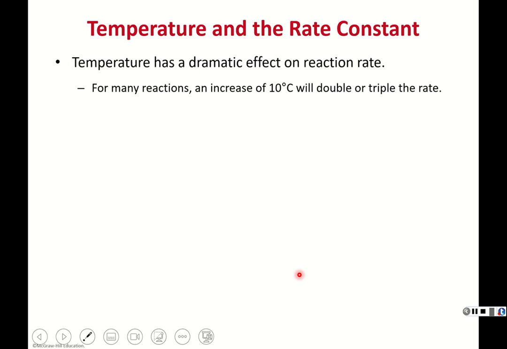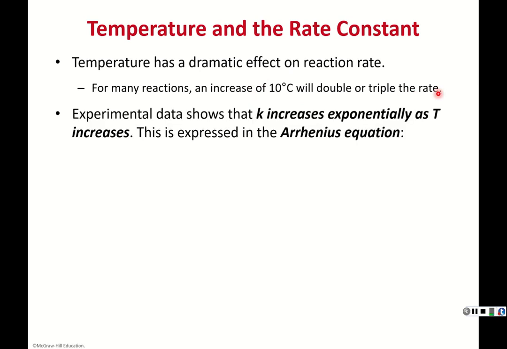All right, we've talked about this as well, temperature and the rate constant or rates. So temperature has a big effect on the rate. For many reactions, an increase of something as small as 10 degrees Celsius will double or even triple the rate. Okay, why is that? Well, k, the rate constant, is increasing exponentially for many reactions as temperature increases.